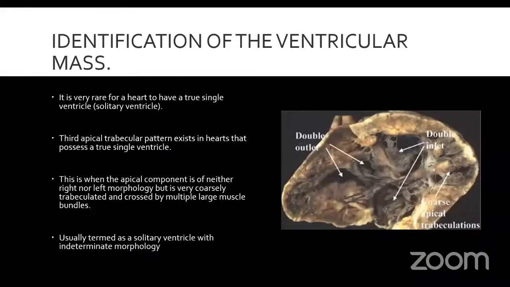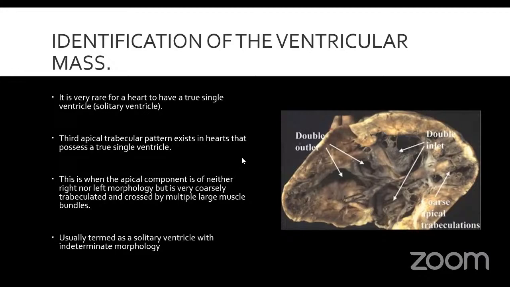Okay, so identification of the ventricle. Now, sometimes you have one single ventricle. It is extremely rare to have one solitary ventricle. Usually, there's another ventricle, but that is very small. When you have one solitary ventricle, it has its own trabecular pattern.